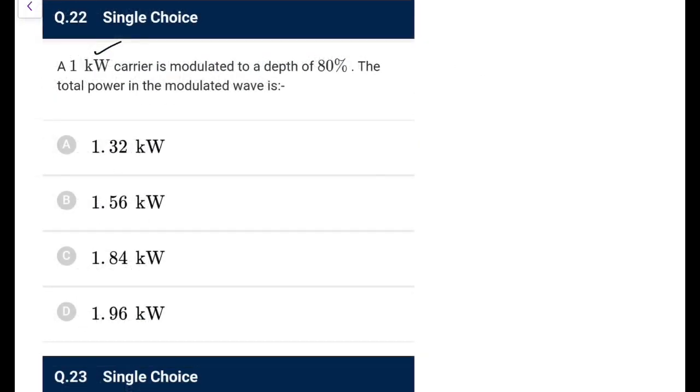Next. Now a 1 kilowatt carrier is modulated to a depth of 80%, find the total power. Usually this is not treated, I think this is generally not asked in our syllabus, but if you want to remember it, the total power is the carrier power into 1 plus mu square by 2. That is basically the power contained in the carrier plus the two sidebands, upper and lower sideband.